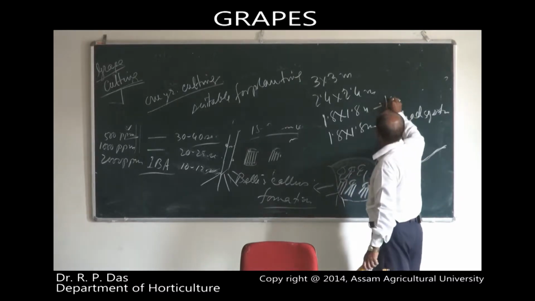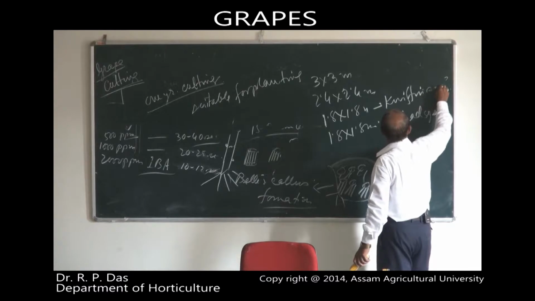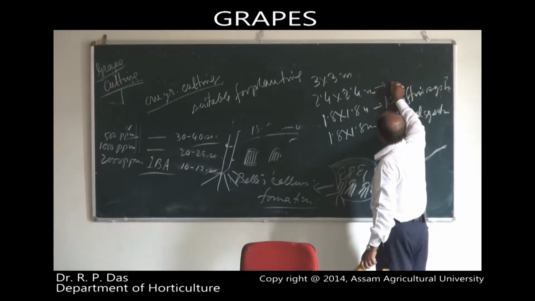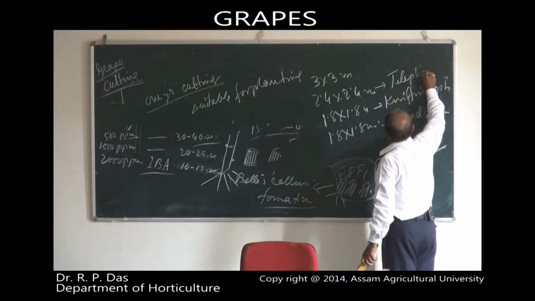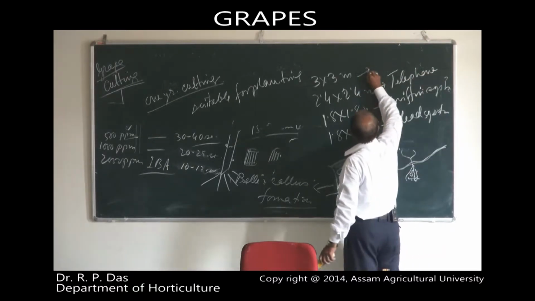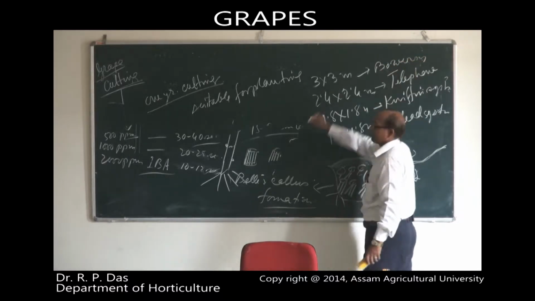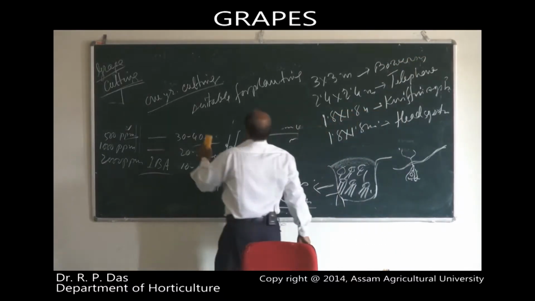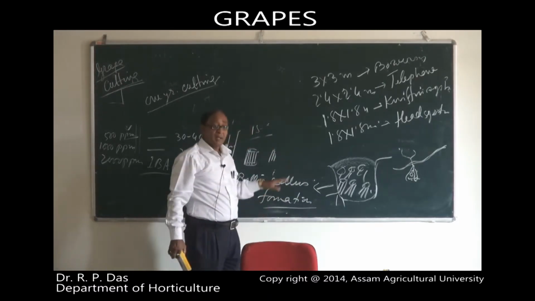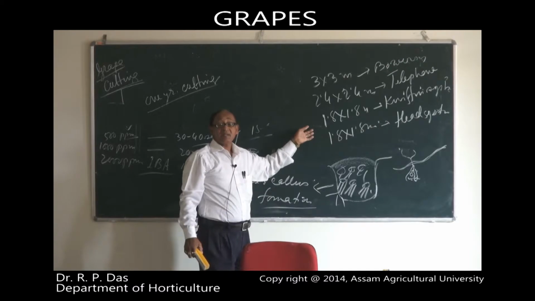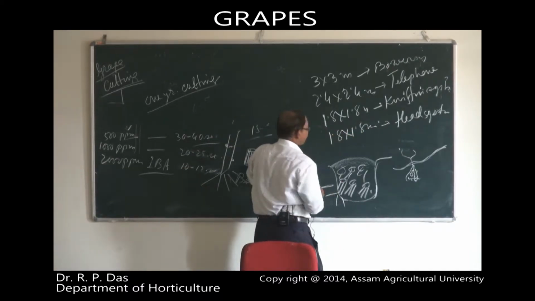Then in case of Nepean system, then it is telephone system, and it is for Bauer system. So these are training systems of grapes.